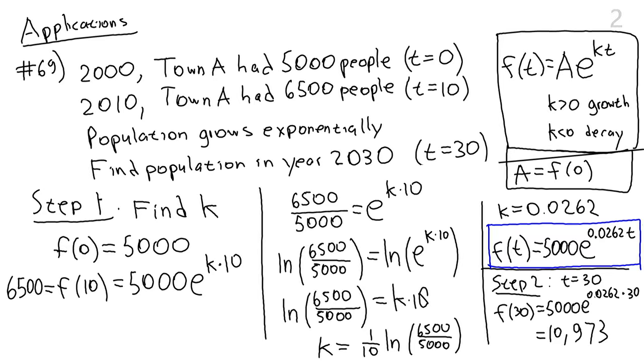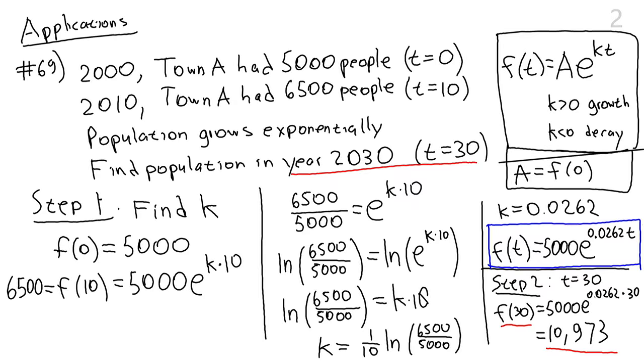This is f of t equals 5,000 times e to the k times t. And then to answer what exactly the population is going to be in the year 2030, you plug in 30 and get some value for population.